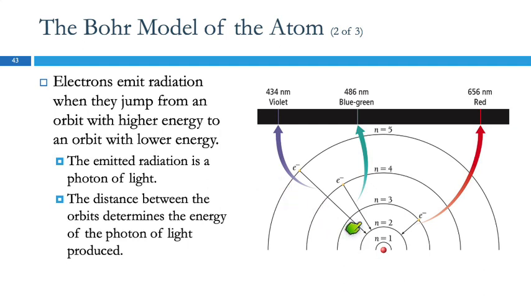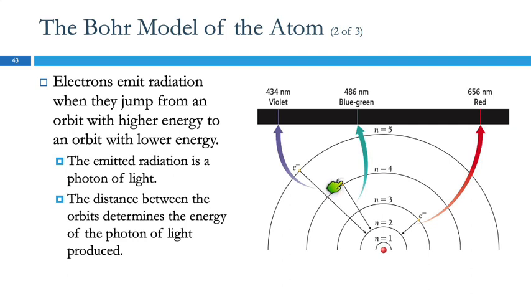We'll say that an electron received energy and got excited, and it went up to the n=5 level. It's not going to stay up there. Eventually it's going to come back down. And when it comes back down, the amount of energy that's released is equal to the difference between the energy of level 2 and level 5.